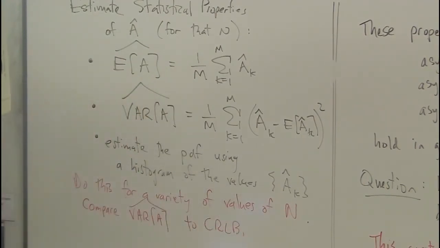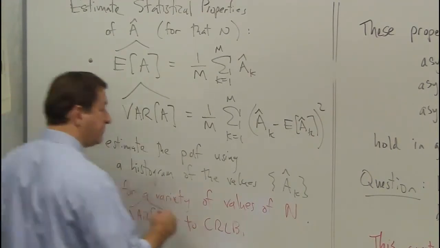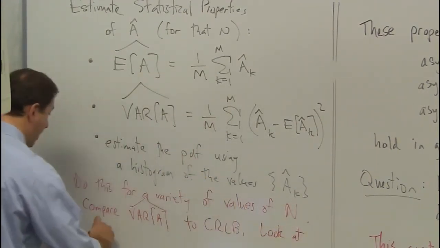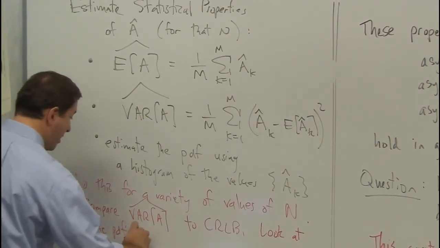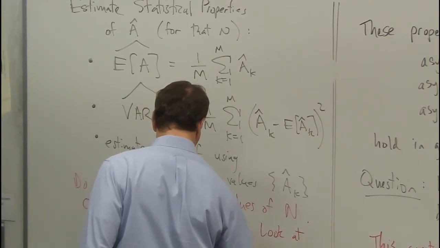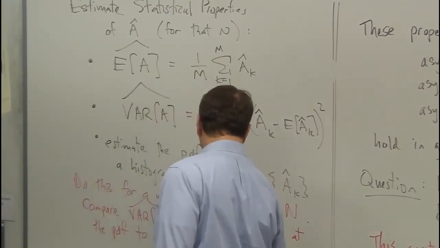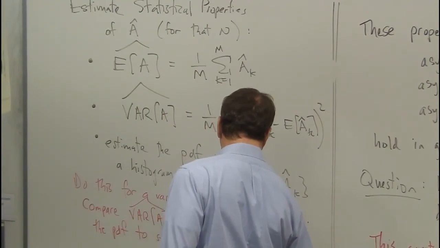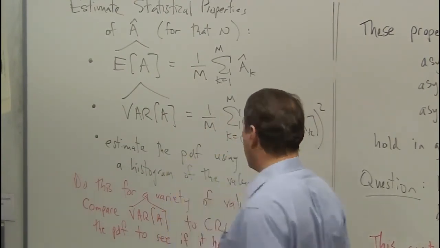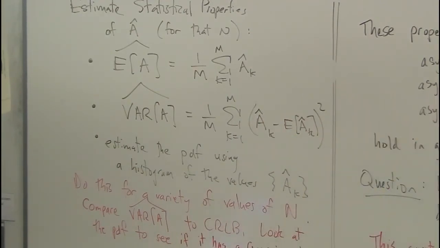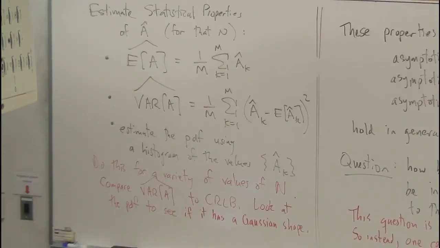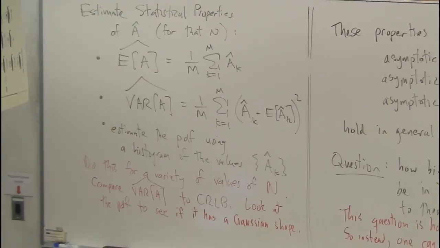You can see how close to Gaussian the PDF looks, etc. And you can get a feel, in this case, for how big N has to be in order for you to get pretty reasonable results.